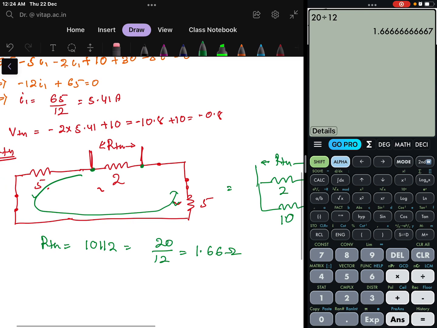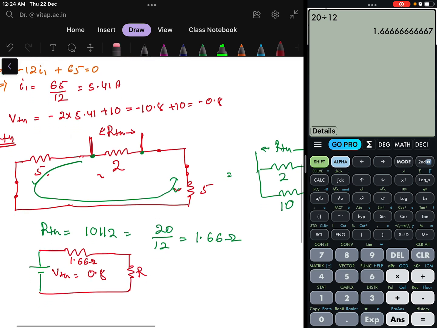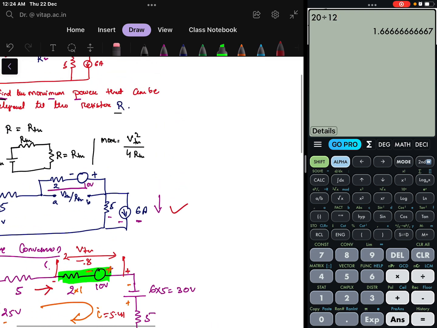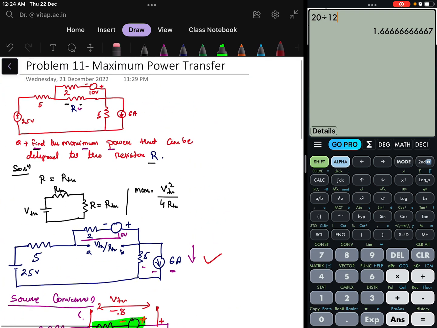Now the total circuit I can represent as a voltage source whose value VTH is equal to 0.8 volt, and the resistance we got is 1.66 ohms, and then we will connect the R here, this R value that we have removed from the circuit.